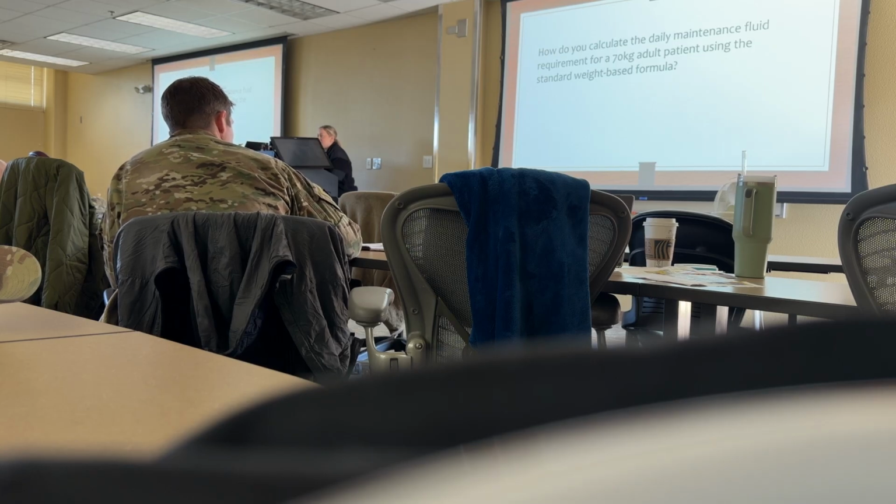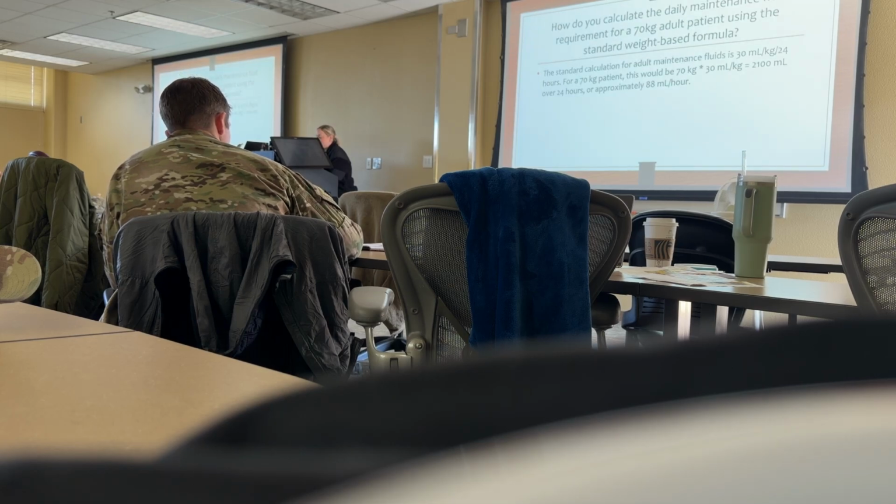You are allowed a calculator tomorrow. Or not tomorrow, Friday. Friday. Because I probably will not let you use your phone. 88 mils per hour. For a 70 kilogram person, 88. Okay?